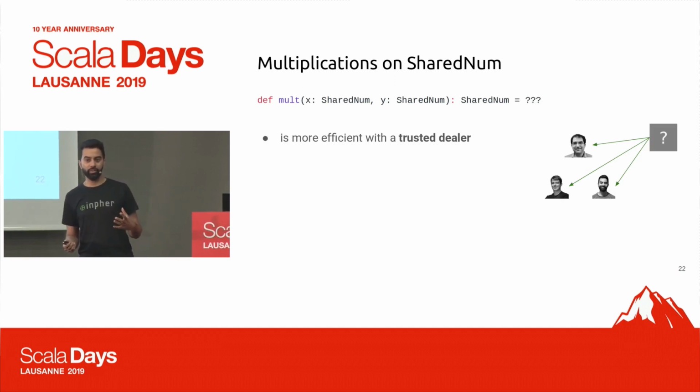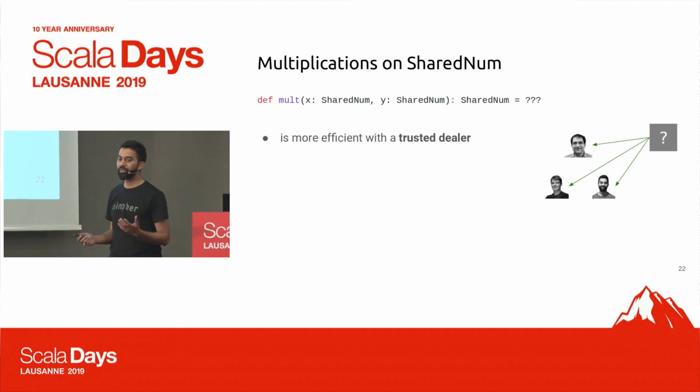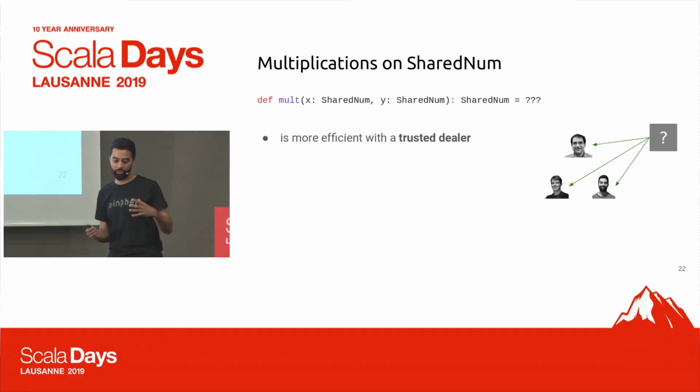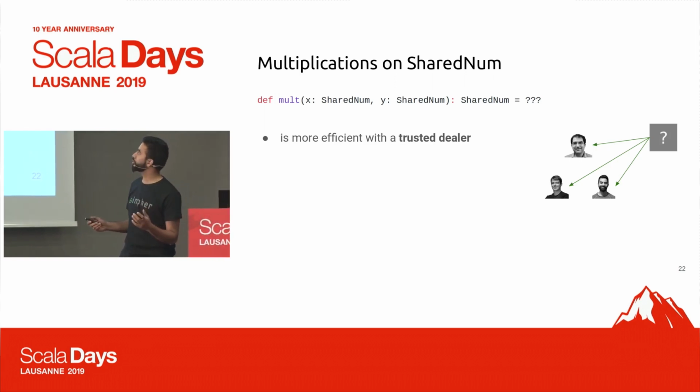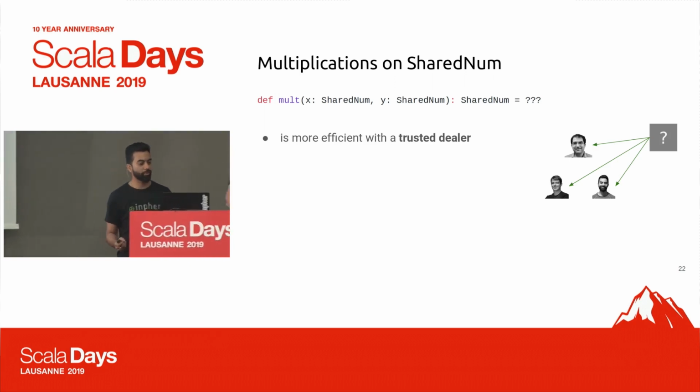I won't go too much into the exact details about it, but the general idea is that we can also do multiplication, and please come talk to us to find out more. But to make it a bit more efficient in terms of performance, we introduce the concept of a trusted dealer here.